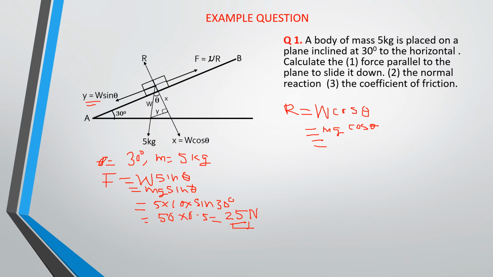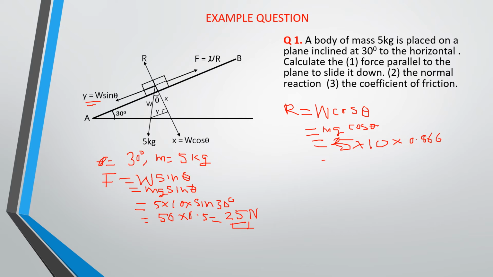Okay, so your mg, we already got that before, to be equal to 50, or just say your 5 times 10, let's say 50 times cos 30 degrees, 0.866.